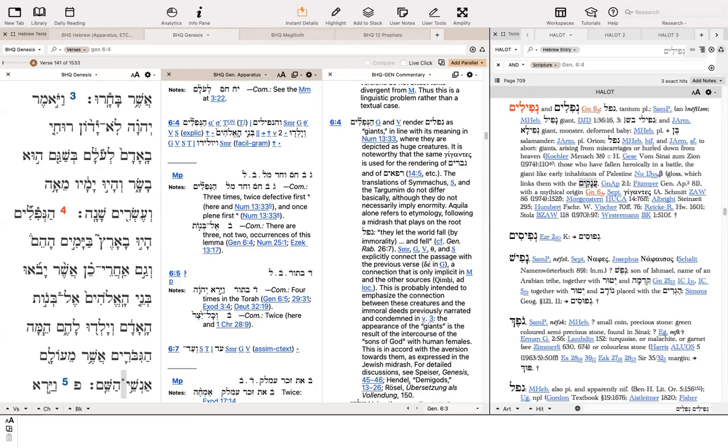And they're referring to the fact that they added the conjunction to it here, meaning that this is a continuation of the previous thought, a connection that is only implicit in the Masoretic text and the other sources. And they mentioned that David Himke, a famous commentator on the Torah, also commented on this.